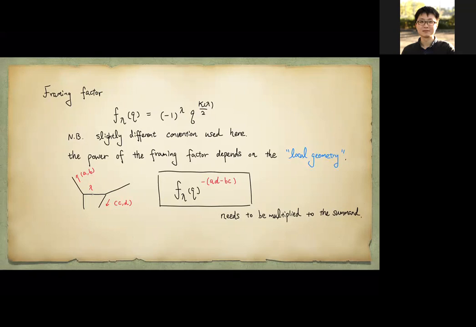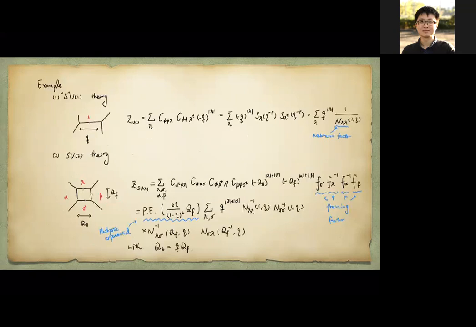Let's look at some examples. The first one is the U1 theory, sometimes also called the SU1 theory, because it only calculates the instanton part of the U1 Nekrasov partition function, and it doesn't depend on the Coulomb branch parameter.